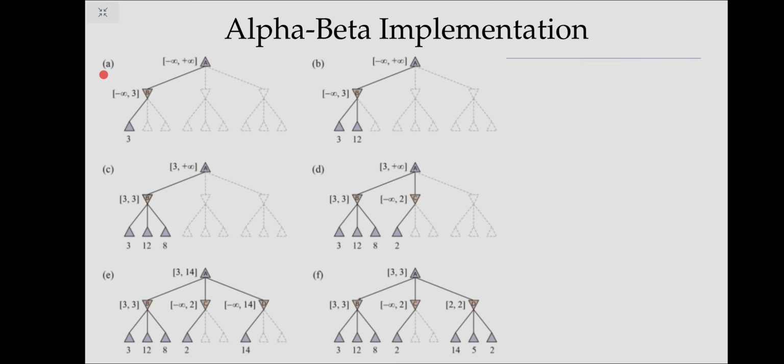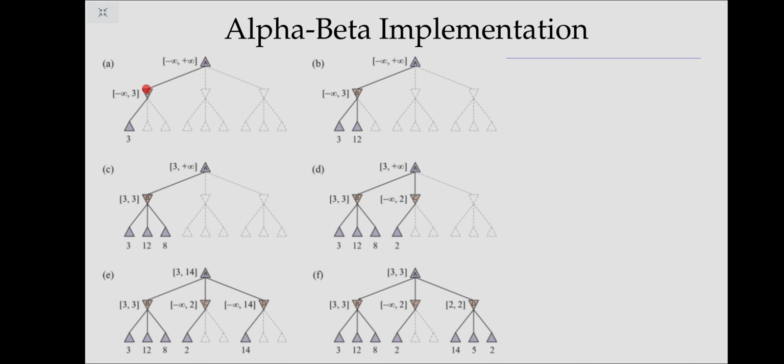As you see in this example, in state A, we started from minus infinity and positive infinity as alpha and beta. We checked the leftmost child. The leftmost child is again a min player.